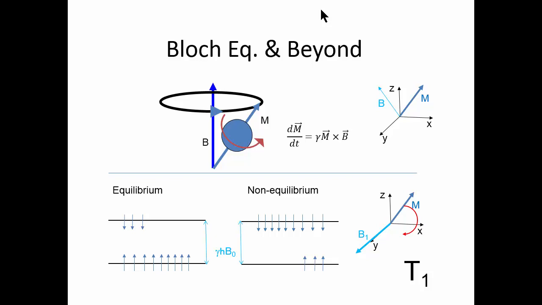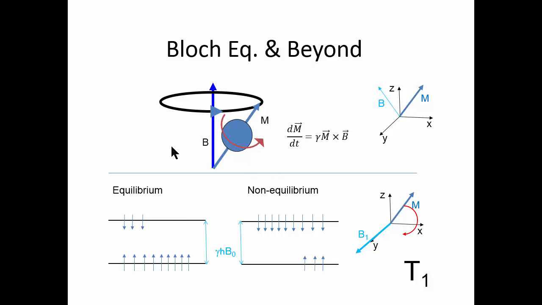So, for example, when we talk about T1 relaxation, we have this very nice picture that we derive from quantum. When you talk about T2 relaxation, we rather use classical terms.